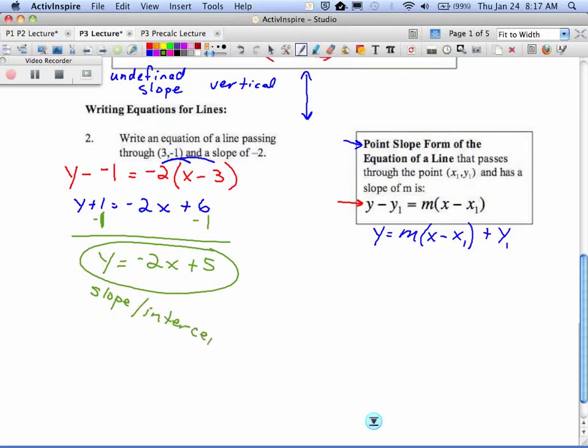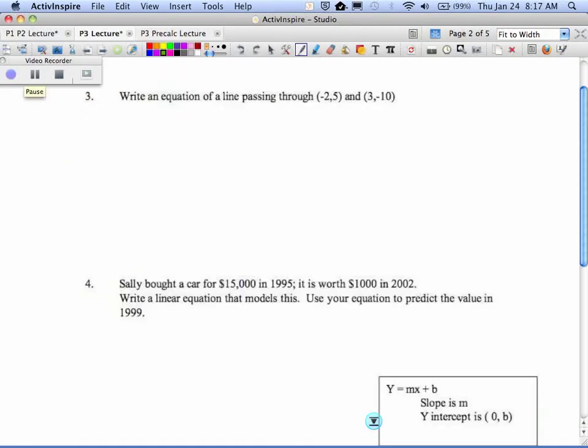So on number 3 again, it says write an equation of a line passing through -2, 5 and 3, -10. So what's different about this problem? We need to find the slope first, right? So let's quickly find slope. M, we use M to represent slope.